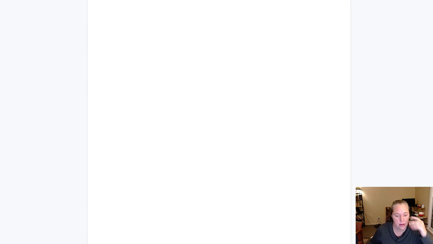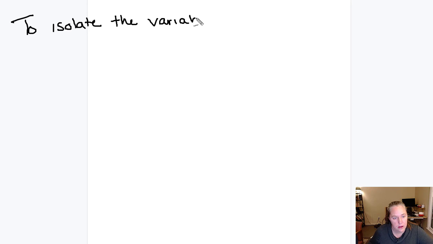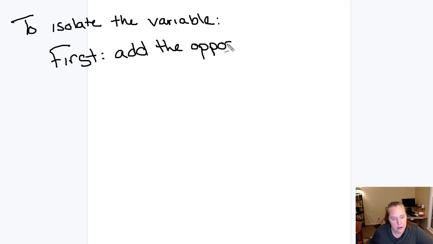So first, so when isolating the variable, I keep jumping ahead of myself here. To isolate the variable, isolate means get alone. First, add the opposite to both sides.